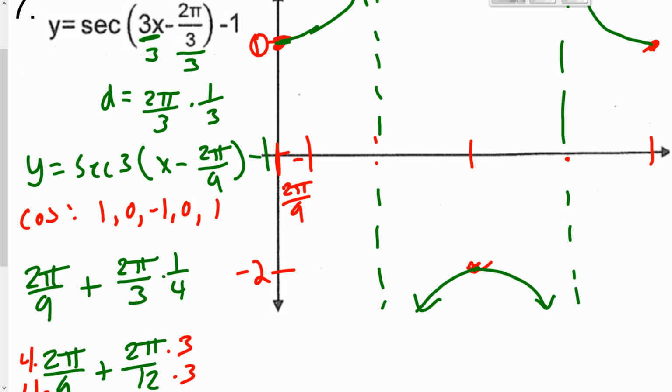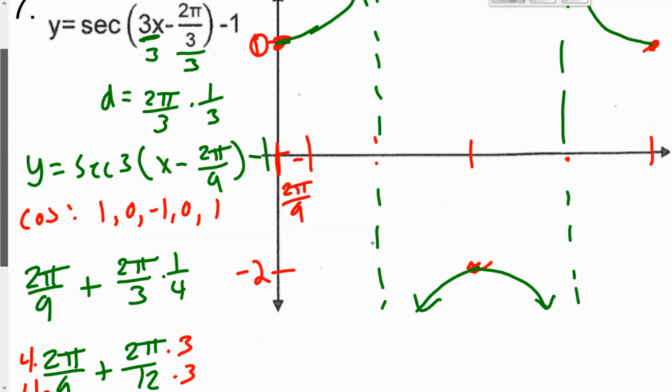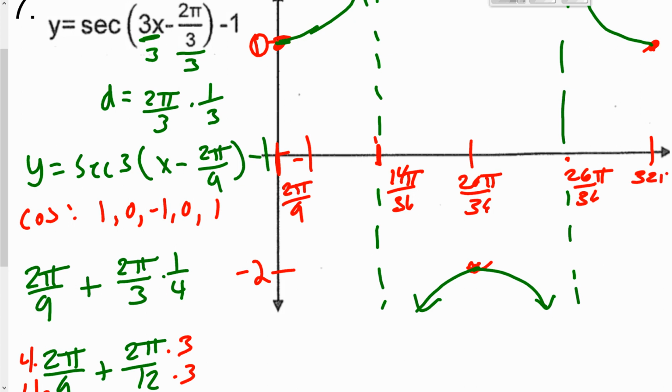We gotta add our interval length. So add, we did that. That's where we got this 14 pi 36ths, and I wouldn't even reduce it. 14 pi over 36. So keep those 36 and add our 6 pi over 36. So that's 20 pi over 36. Add another 6 pi, so 26 pi over 36. And then 32 pi over 36. So that one's really complicated.